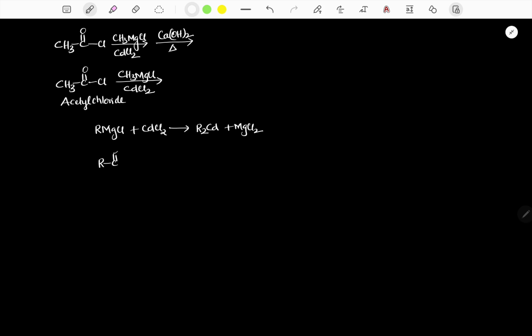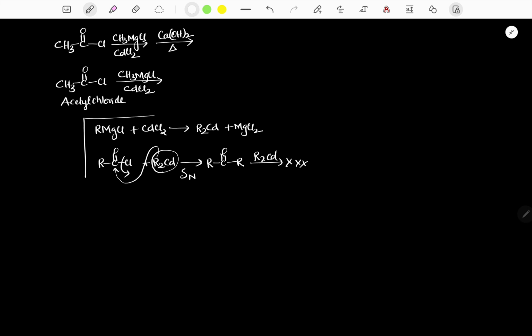And when RCOCl is treated with R2Cd, R2Cd produces nucleophile R minus, the nucleophile attacks, and the leaving group leaves. It is a nucleophilic substitution and we get the corresponding ketone. Now ketone does not react with R2Cd further.